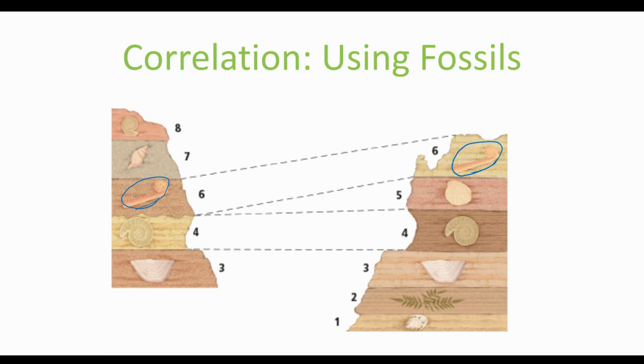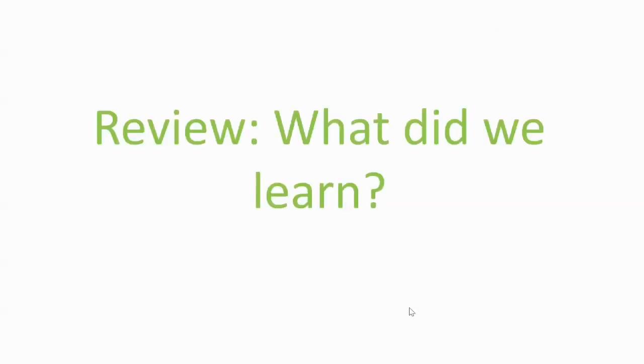And those different locations have different sediments. But since the fossil is found within this particular layer, we know that these two layers in different locations with different sediments are roughly of the same age because they have the same fossil.